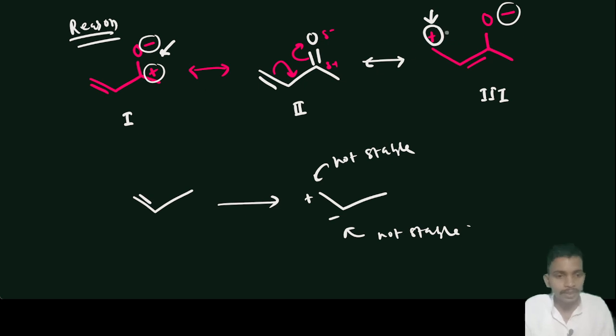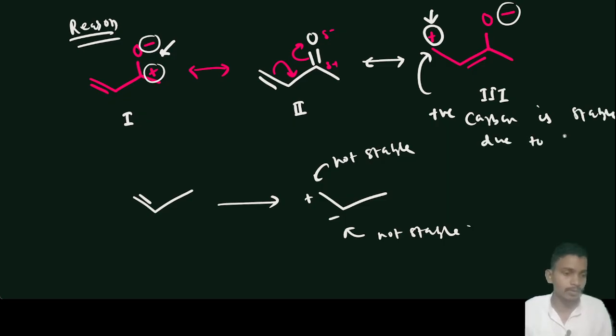But you see that this carbon center is stable due to conjugation, and this positive carbon is stable due to conjugation. But in this carbocation, it is not stable because we do not get that type of conjugation.